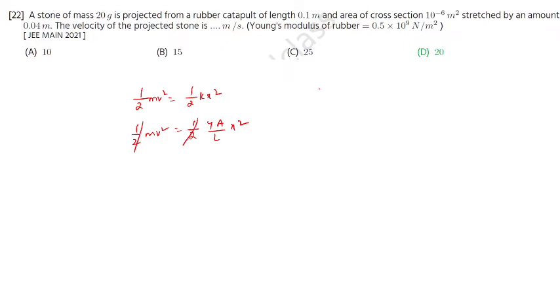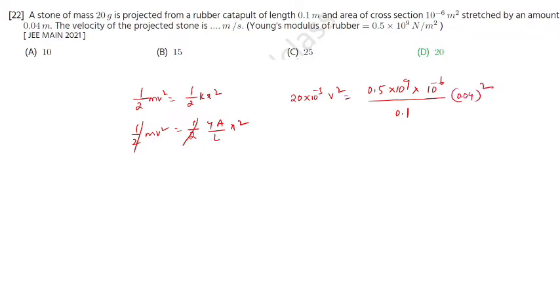Mass is given as 20 gram, that means 20 into 10 power minus 3 kg, into v square is equal to Young's modulus given 0.5 into 10 power 9, and area of cross section 10 power minus 6, divided by L, length 0.1, into x, stretched by an amount of 0.04 given, so that is 0.04 whole square.